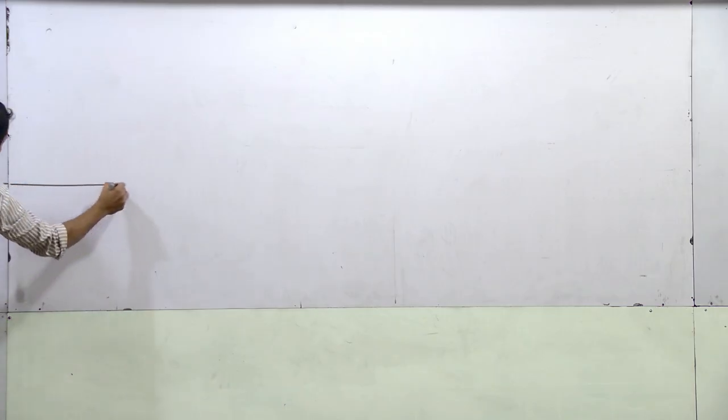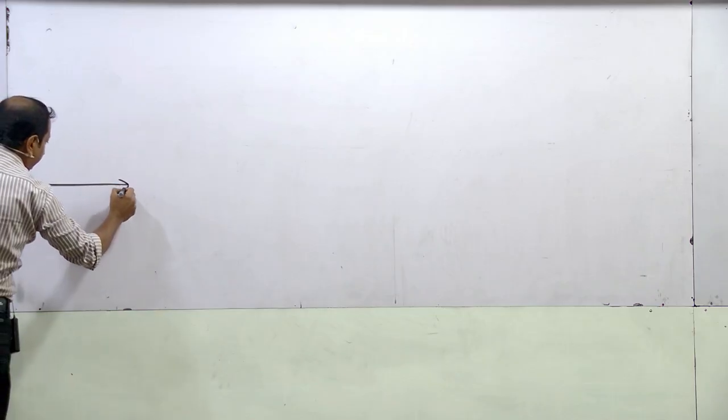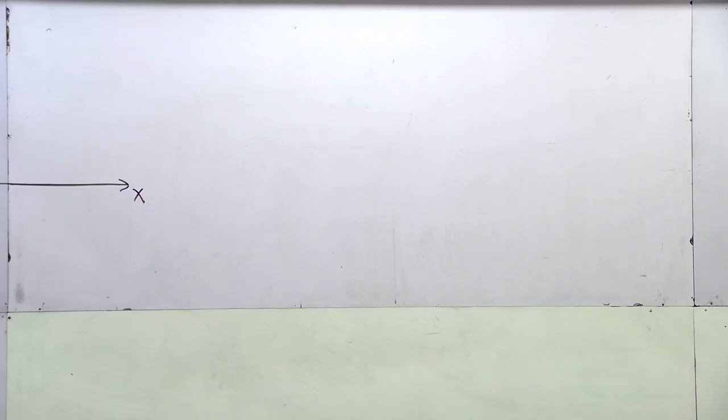Forces of magnitudes are given this way, acting on these sides. Find the magnitude and direction of the resultant force. So here, y.